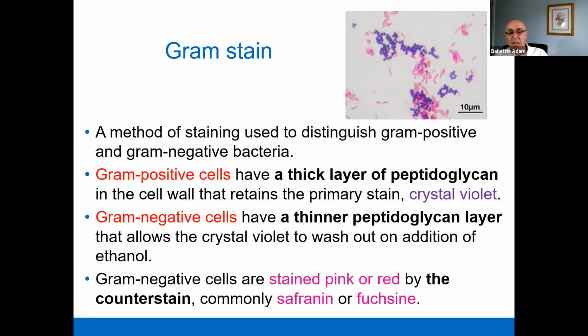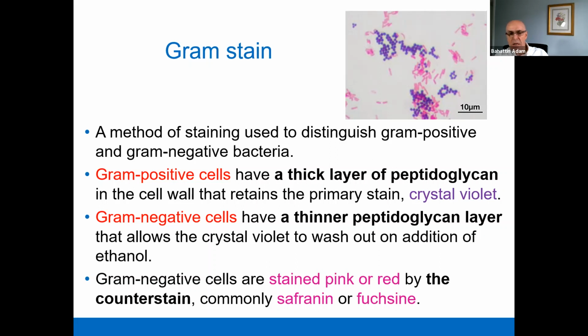Gram-negative cells have a thinner peptidoglycan layer that allows the crystal violet to wash out on addition of ethanol, which we call decolorization. I am going to show you them step by step.